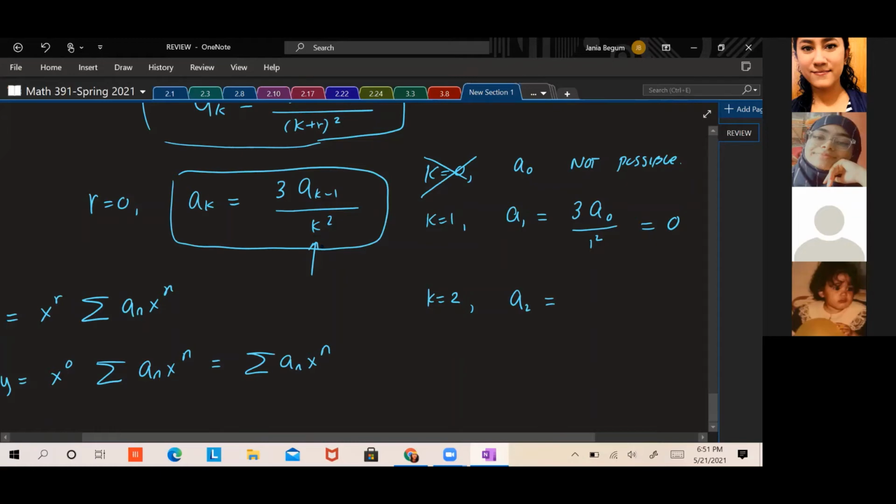Uh-huh. Now, what about a sub 2? Now, something is wrong with this question. Oh, this question looks weird when you write out the solution.